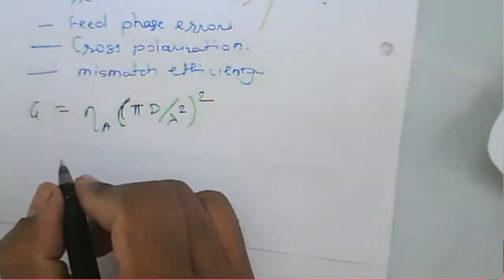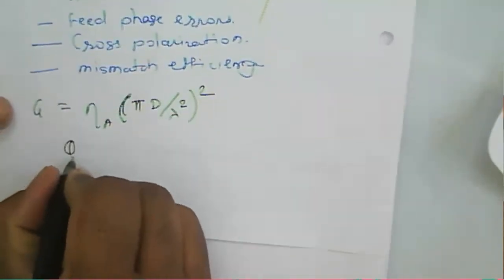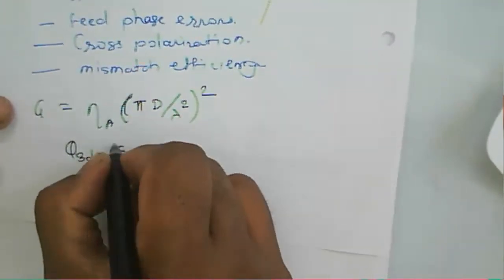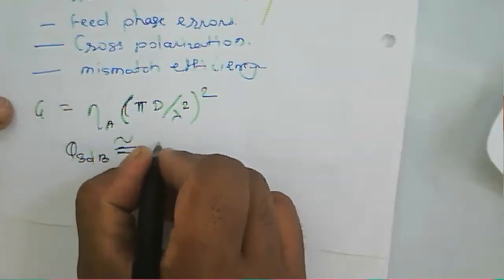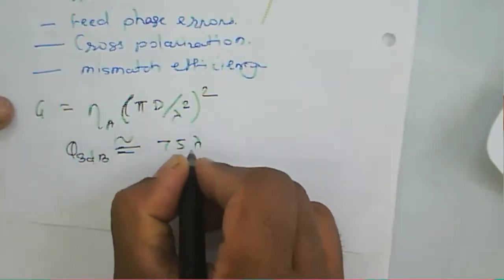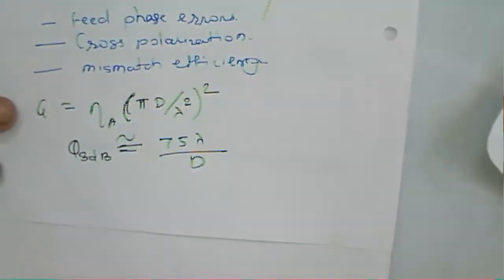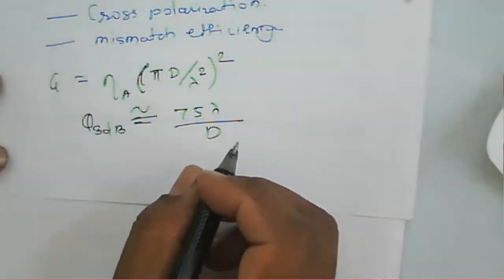And the beam width of the reflector antenna, or the 3 dB beam width of an antenna, is approximately equal to 75 lambda divided by d, in degrees here. This is the beam width of a radiation pattern.